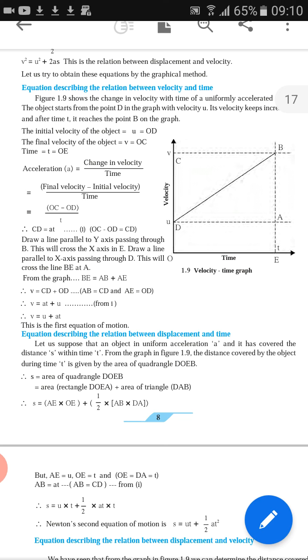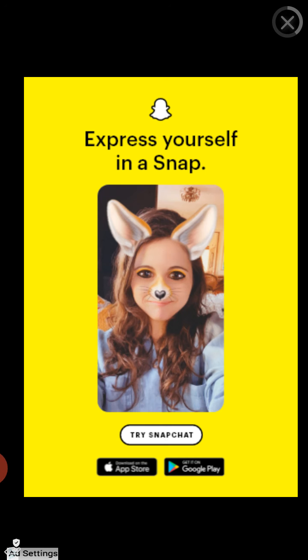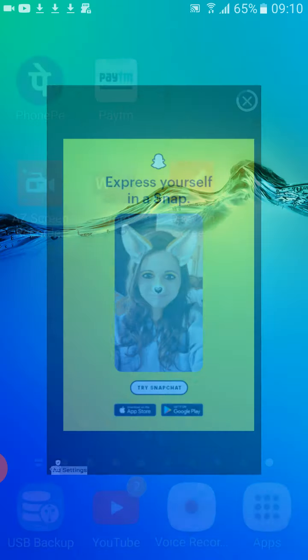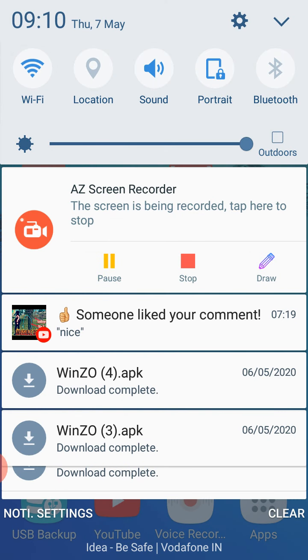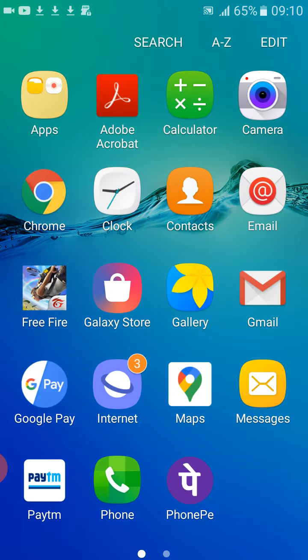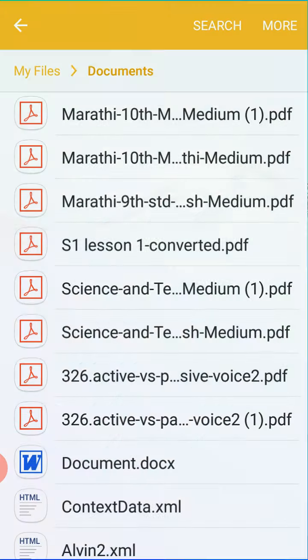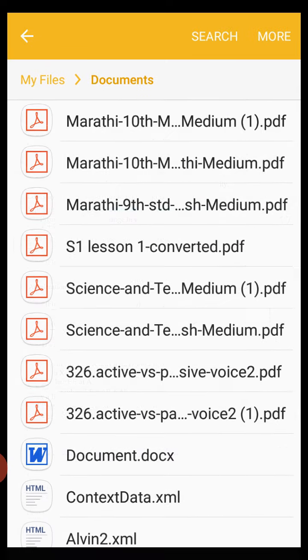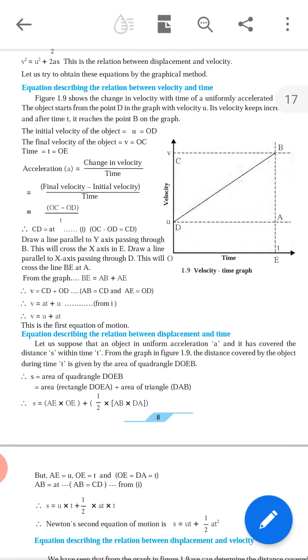This total figure DOEB is divided into two parts, one rectangle DOEA and one triangle DAB, and the addition of these two is equal to the total area of DOEB.